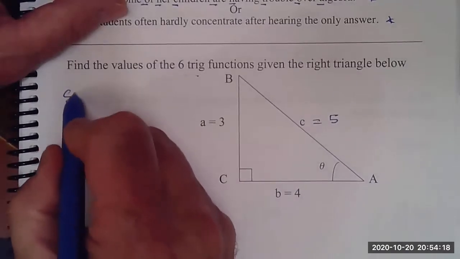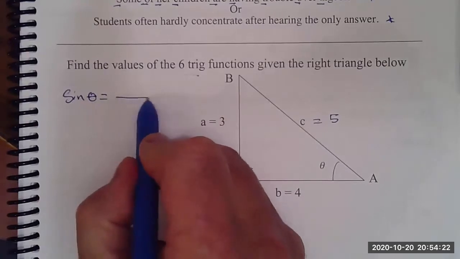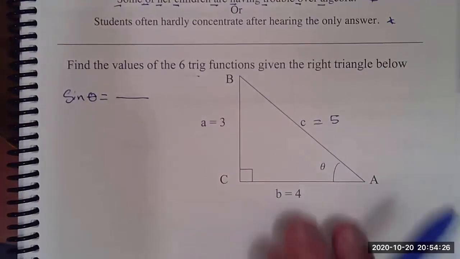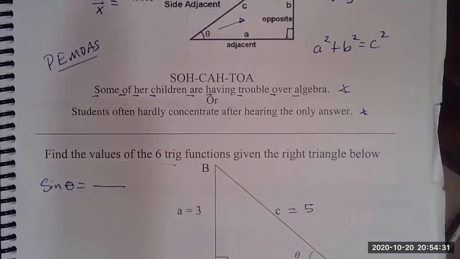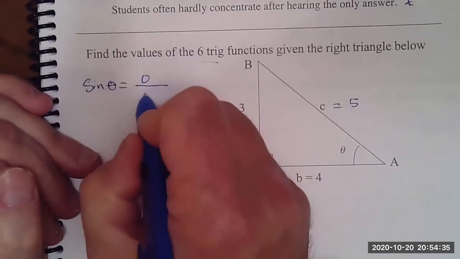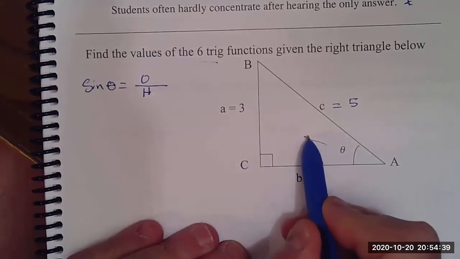So let's start with sine of theta. And again, it's a fraction. It's the ratio of 2 sides. And if I go back up here, if I look at opposite over hypotenuse, O over H, opposite always looks directionally this way here.